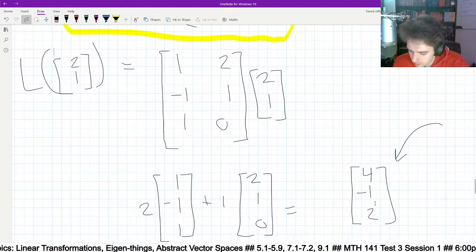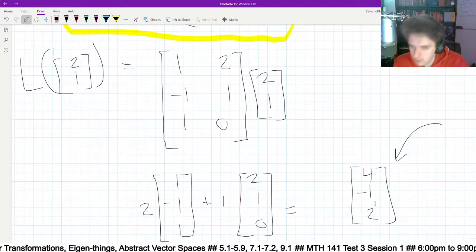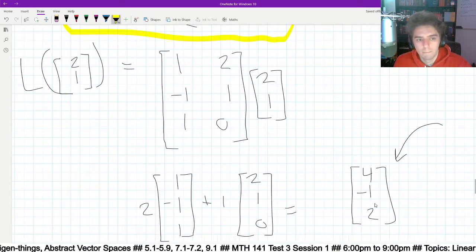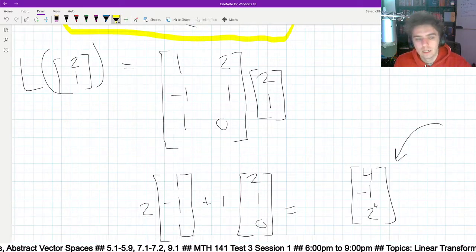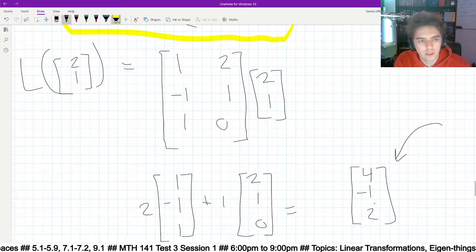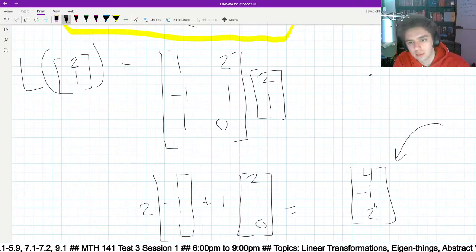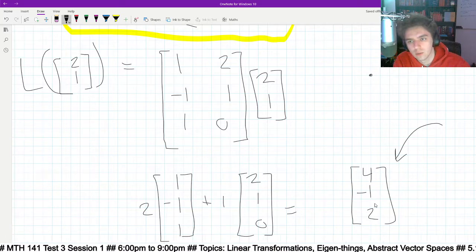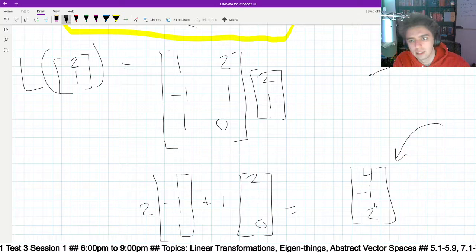Cool. So what does the 4, -1, 2 represent? Is it the vector at that point? Yeah, in R2 the input space is R2, so everything you input is a two-dimensional thing. It was at 2, 1. Let's say that was the input vector.